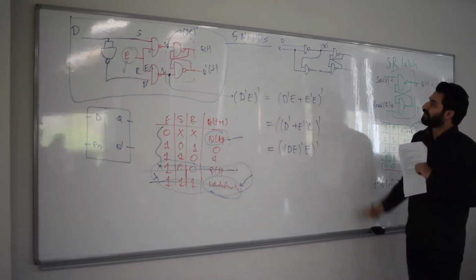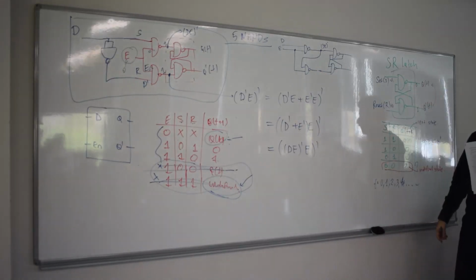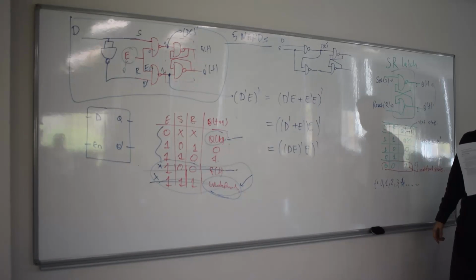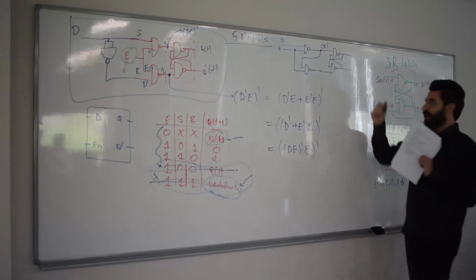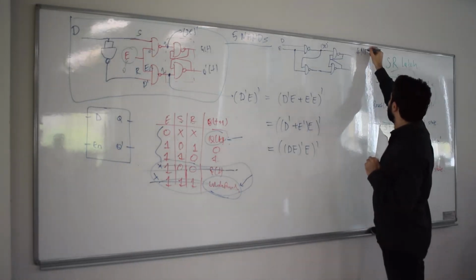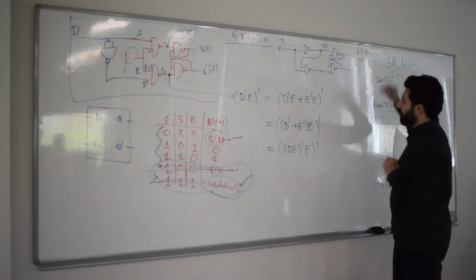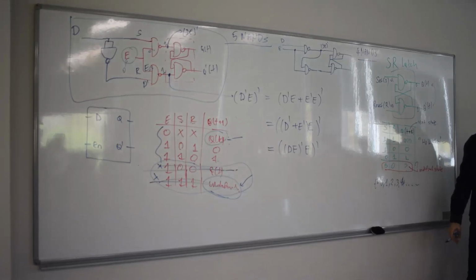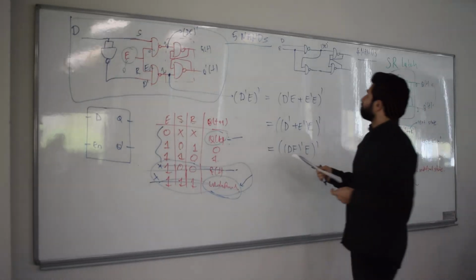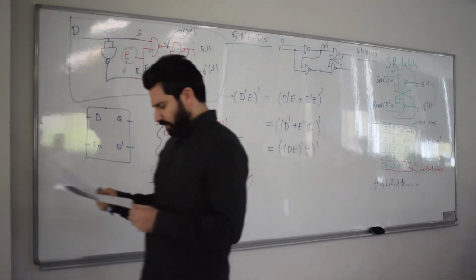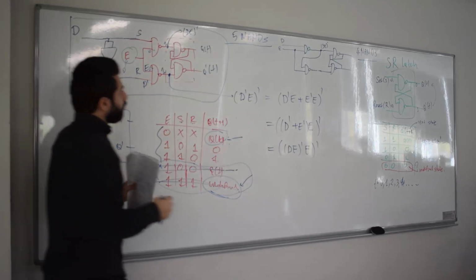So this formalism enables us to use 4 NAND gates instead of 5, because this is exactly giving us what we want. 4 NANDs. Just a little bit of tricky Boolean manipulation. Alright, so this is your D latch.